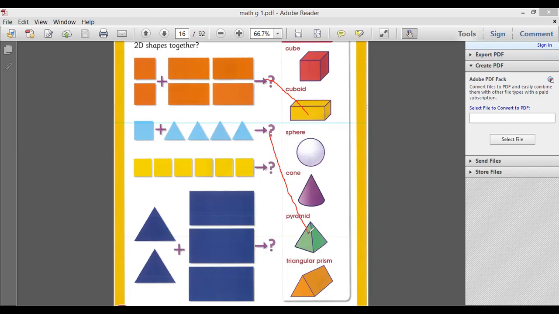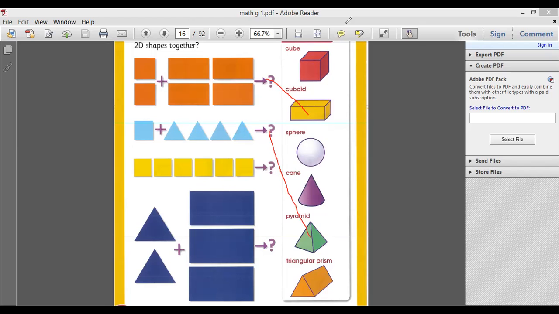They make pyramid. Match them, okay? One square is down and four triangles are from each side. 1, 2, 3, 4. They make pyramid.